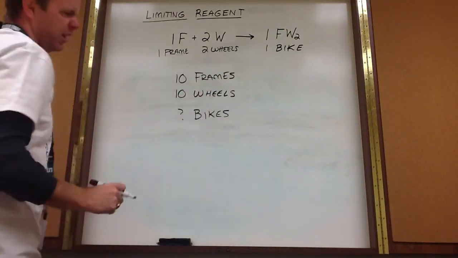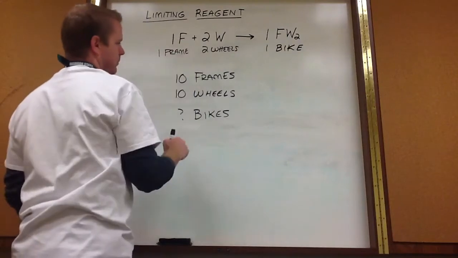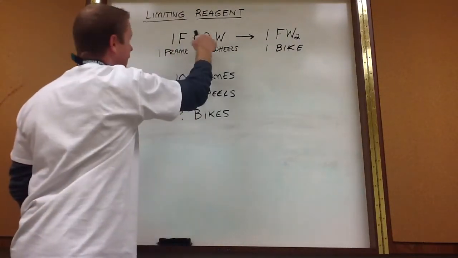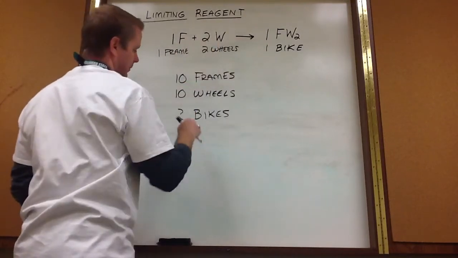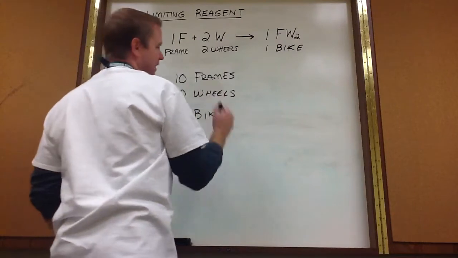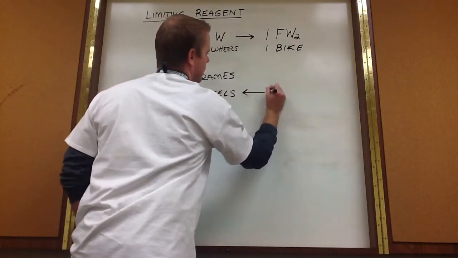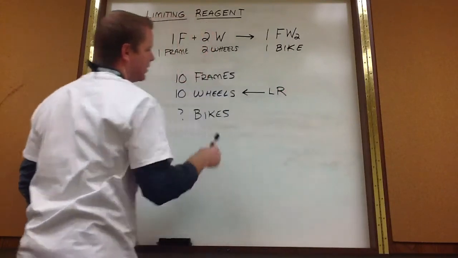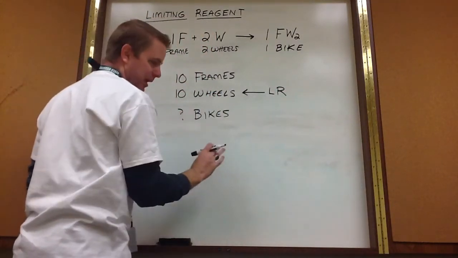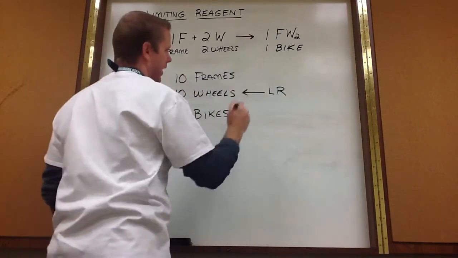10 frames, 10 wheels. Well, it takes one frame per bike, so you should be able to make 10 bikes, right? But it's 2 wheels in a bike. If you only have 10 wheels, you end up with 5 bikes. So the limiting reagent is the wheels, because you're going to run out of these 10 wheels at 5 bikes, and you're still going to have 5 frames left over.